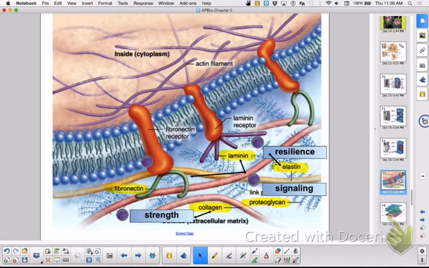So these, you could use it in cell signaling, resilience, strength. There can be proteins out there and other items attached to those receptors as well. And I gave you that, if you look underneath extracellular matrix outside of the cell, that's called the ECM, the extracellular matrix. Do you want to add that in parentheses? It's a matrix of, and you would have guessed this, proteins and polysaccharides, right?